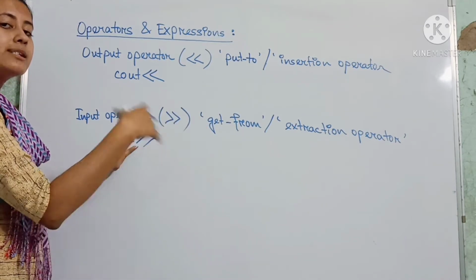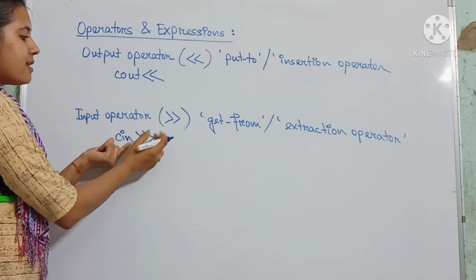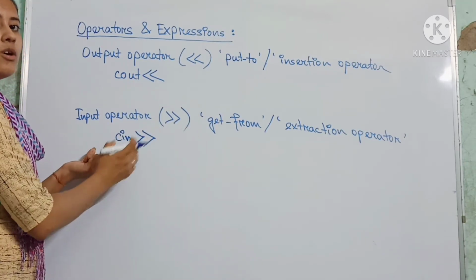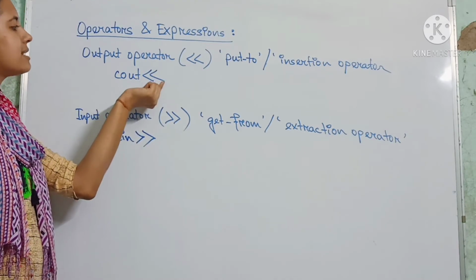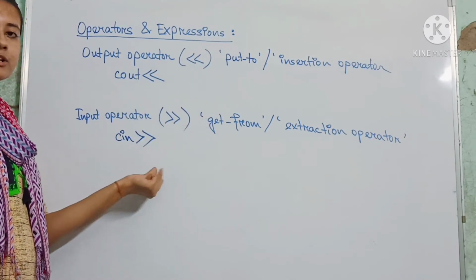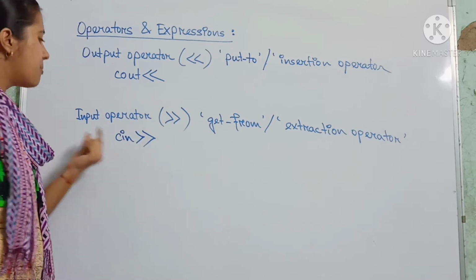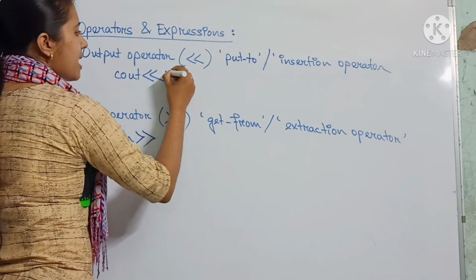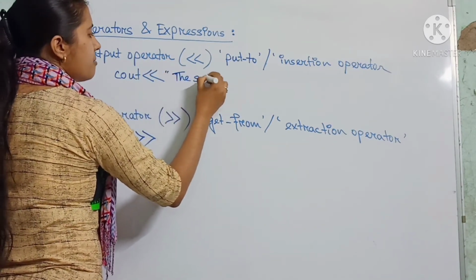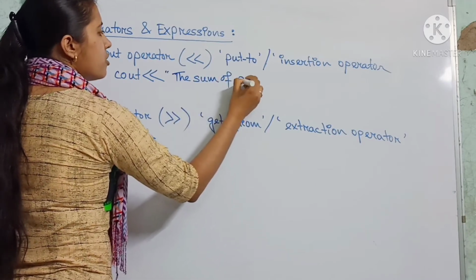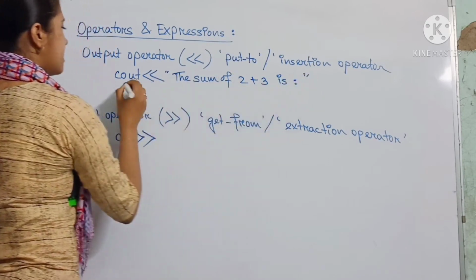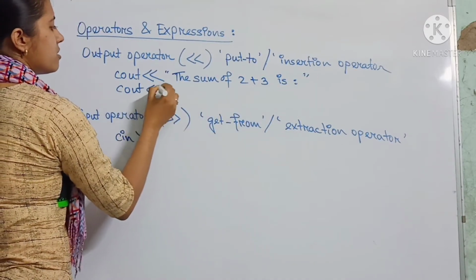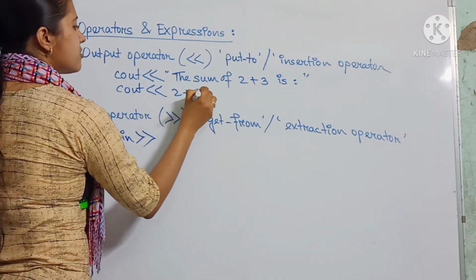When we enter something through the keyboard, this cin will extract that value from the keyboard. So this is known as extraction, this is known as insertion: for inserting the value to the monitor, and this is for extraction from the keyboard. Suppose in cout, I am writing the sum of 2 plus 3 is, then cout 2 plus 3.